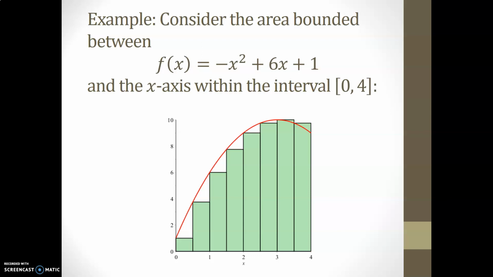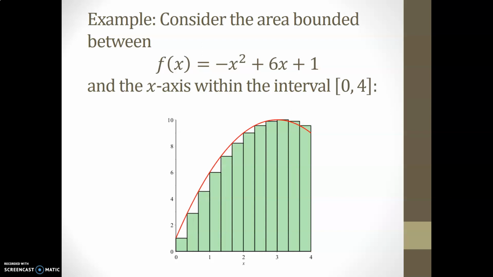I'm still using the left-hand points of each subinterval to determine the height, and this time the underestimations are less than they were before. Now imagine if I had used another subdivision. Here we have 16 rectangles, and you can tell that the errors of estimation are diminishing throughout the process. So this would have been a better estimation of the area under the red curve.